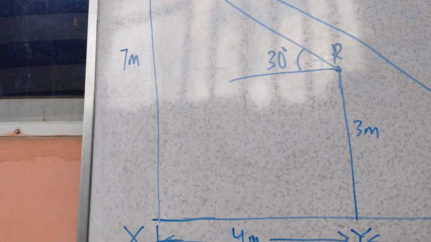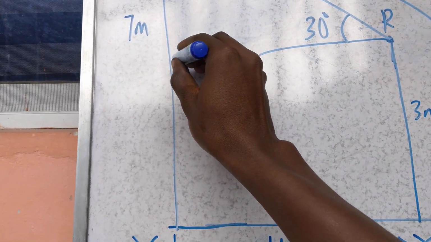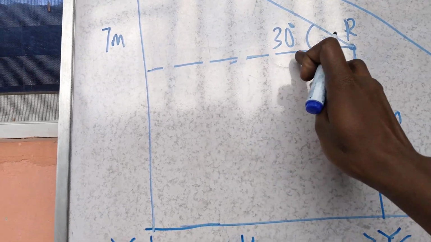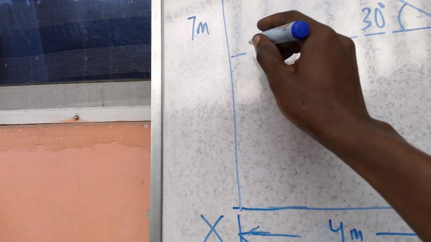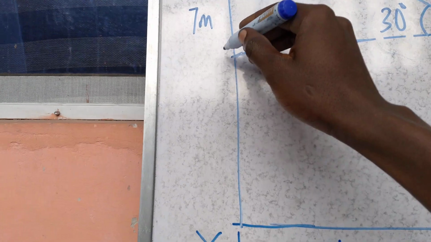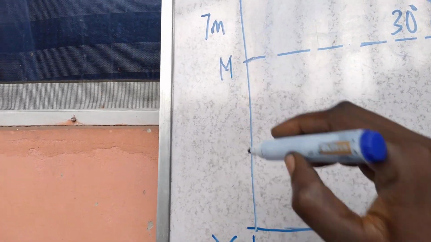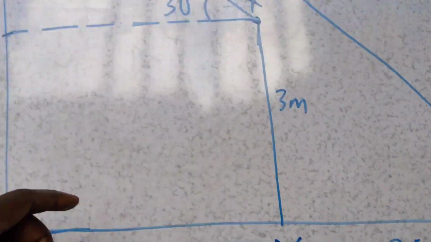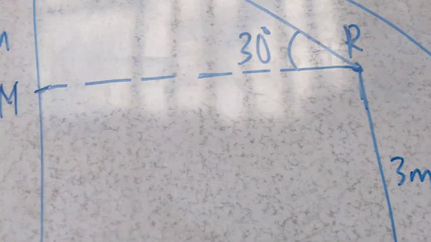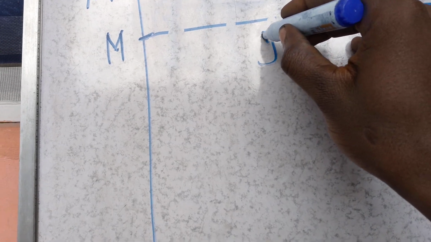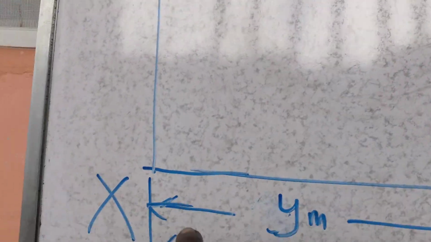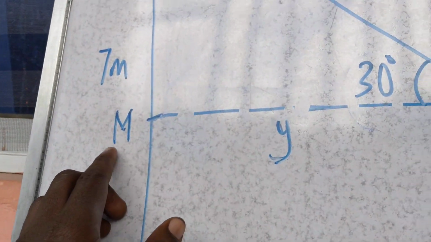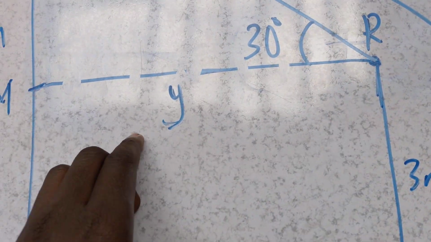Okay, so this is the diagram we have. If I extend this line here, using dotted lines, over to this point, I can choose to call this point M. If from X to Y is y, that means from M to R is also y.